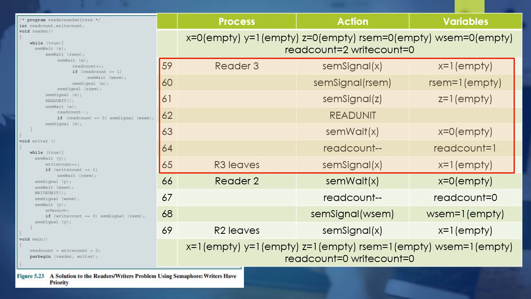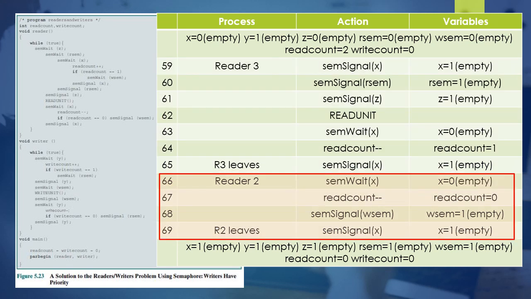When it finishes reading, it does a wait on X, goes to 0. It decrements read count, becomes 1. It signals on X, becomes 1 and reader 3 leaves the system. The last person to leave is reader 2. It does a wait on X, becomes 0.